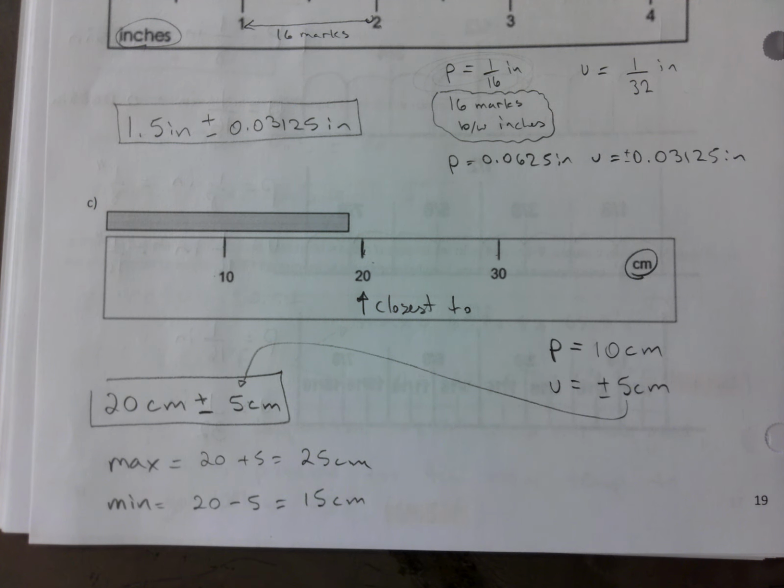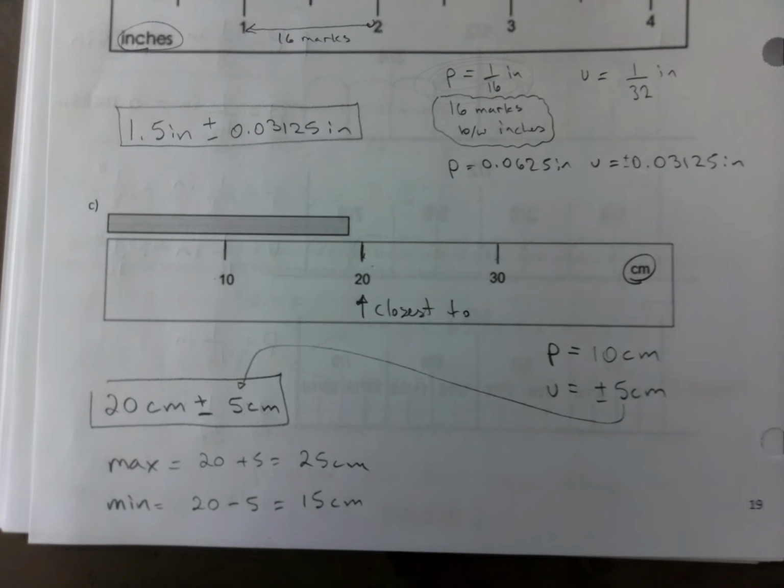I know it doesn't make sense when you look at it. Most of you would probably say this is 18 centimeters, about 17, 18, right? But don't go by that, just focus on the concepts that we're covering here, okay?